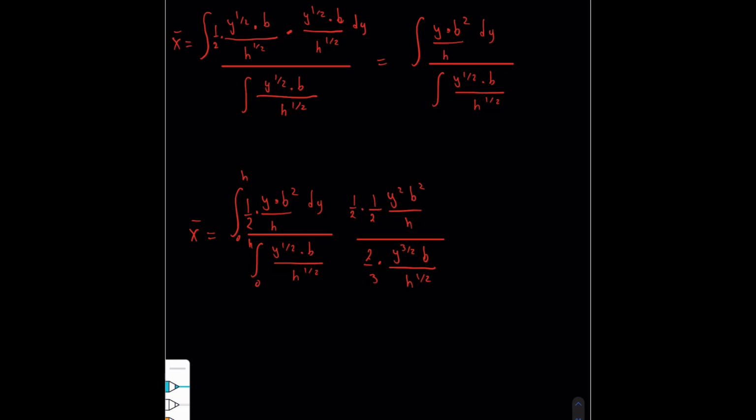And as we said, our limits for integration are from h to 0. Okay, I'm going to have this be equal to 1/4. Now I'm going to plug in these values for h here.